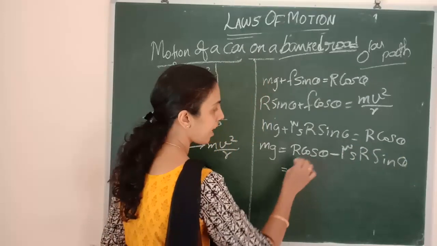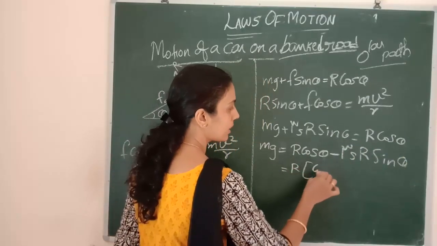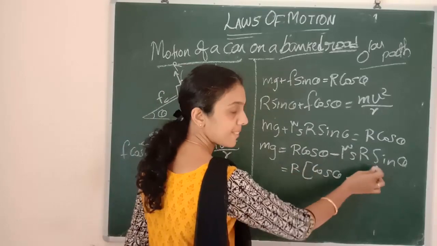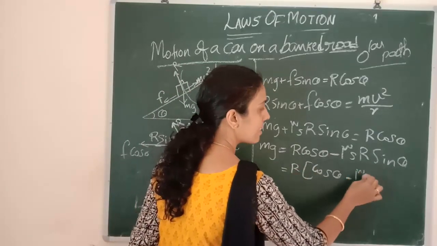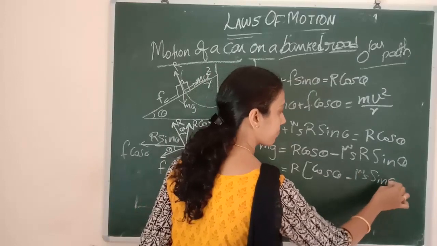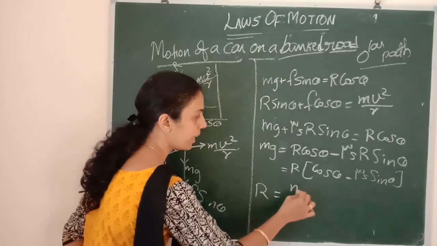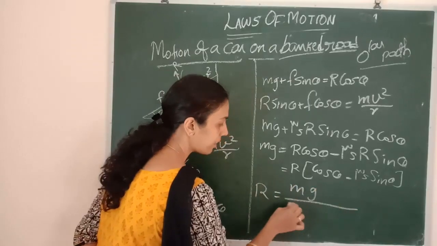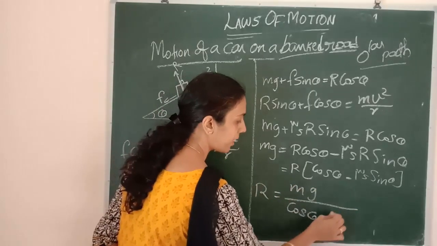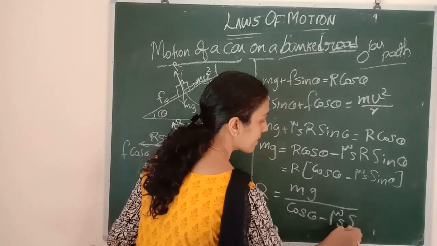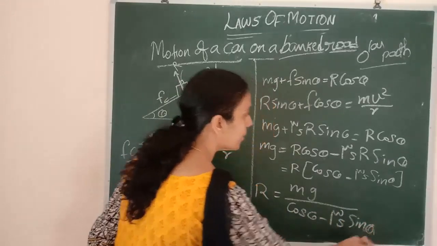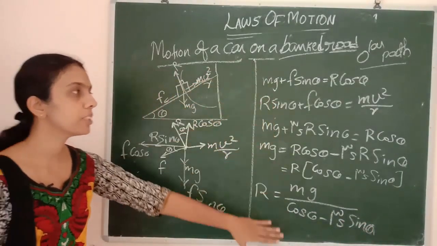So R cos theta minus mu s R sin theta, R is common, so R cos theta minus mu s sin theta. So we can write R as equal to mg divided by cos theta minus mu s sin theta. Okay, so this much you understood.